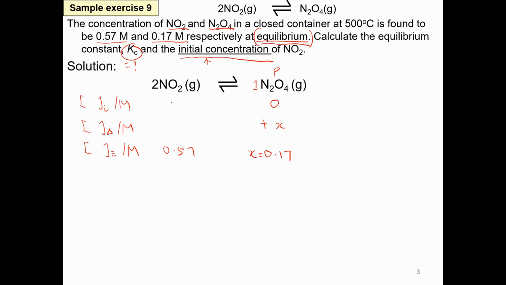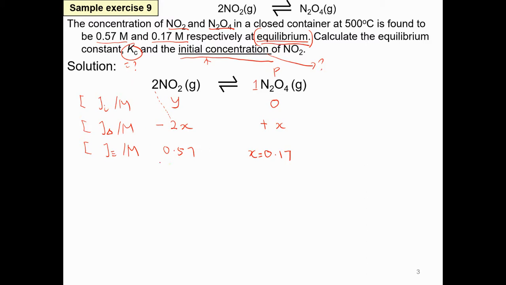Now for NO2, we need to find the initial concentration. So for initial concentration, let's say we put y. And then change means that it will reduce by 2x. Don't forget it is 2 because of the coefficient.